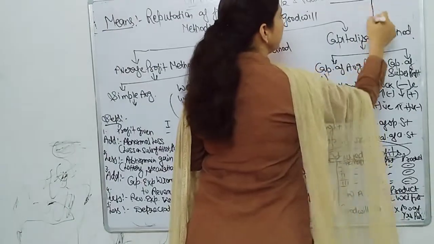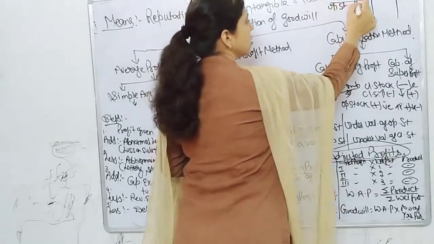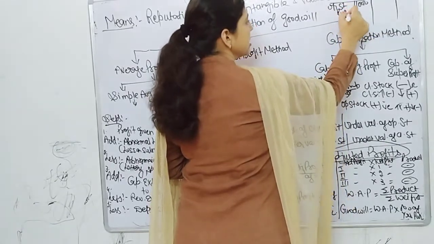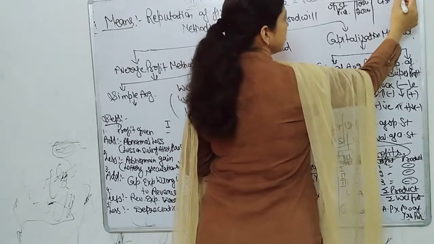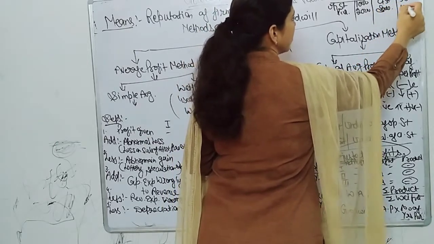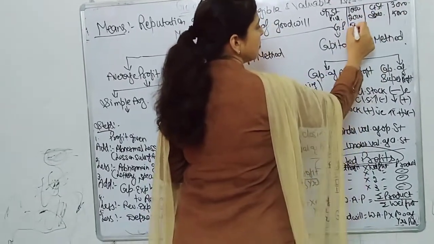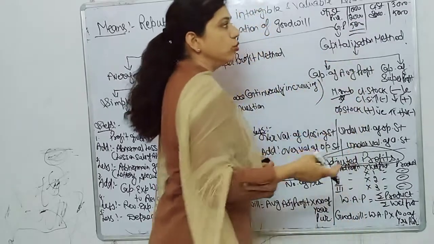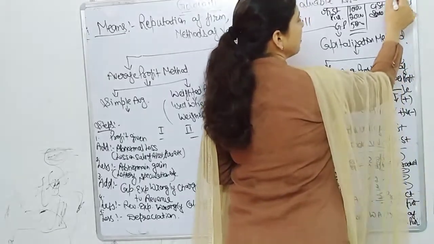In 11th class, you prepared a trading account. There is opening stock 1000, purchases for example 2000, closing stock 3000 and sales 5000. What will be the gross profit? 8000 minus 3000, 5000.